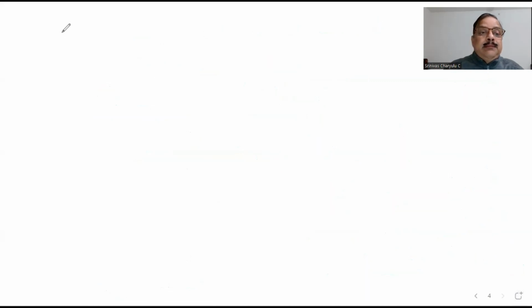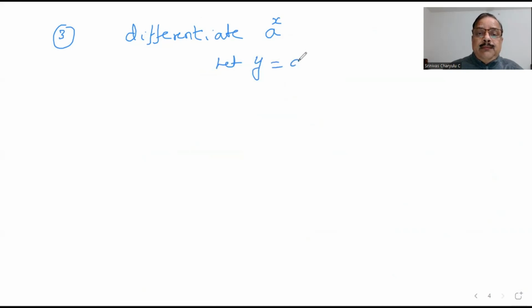Next one, last sum for today. Differentiate a to the power of x. It is normal differentiation. We use the knowledge of those two sums and the previous ones. So let y is equal to a to the power of x.